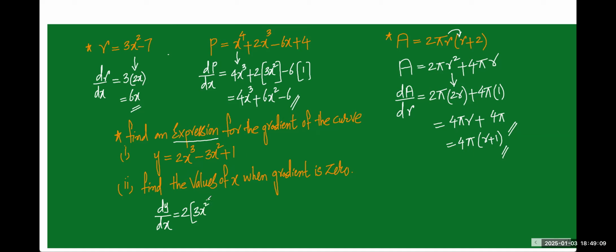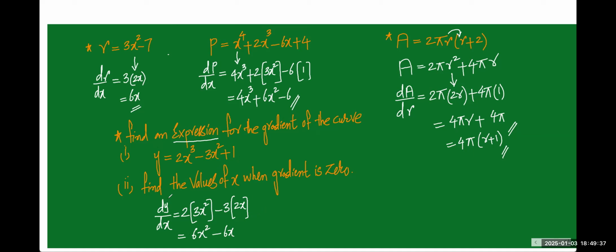Minus 3 into the derivative of x square, which is 2x. And the derivative of 1 is a constant, so I don't want to waste time by writing plus 0. So it will be 6x square minus 6x. We have given the answer for the first bit, the expression for the gradient of the curve.